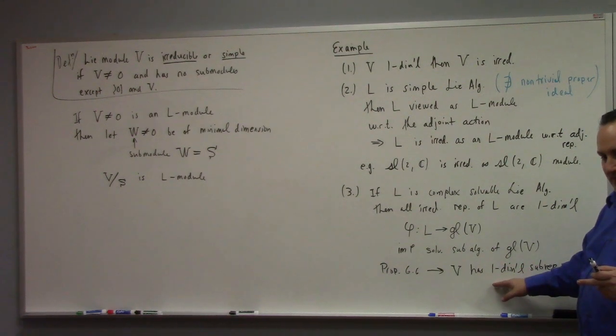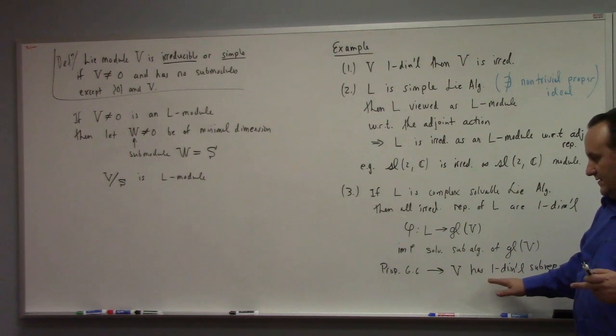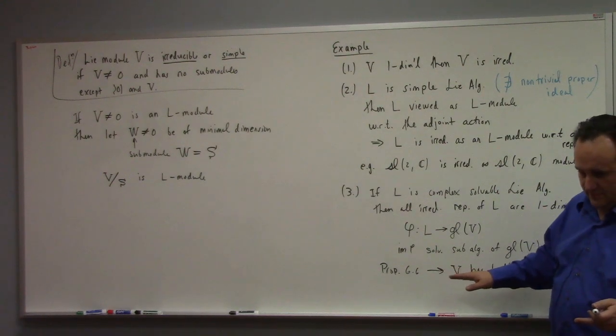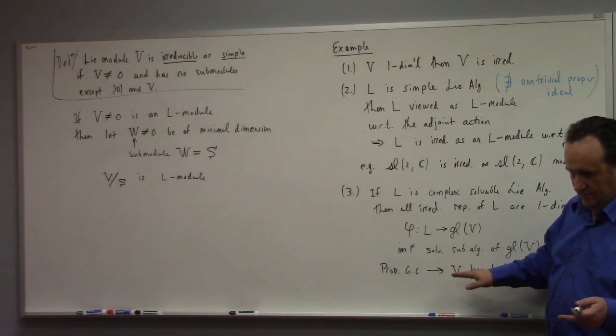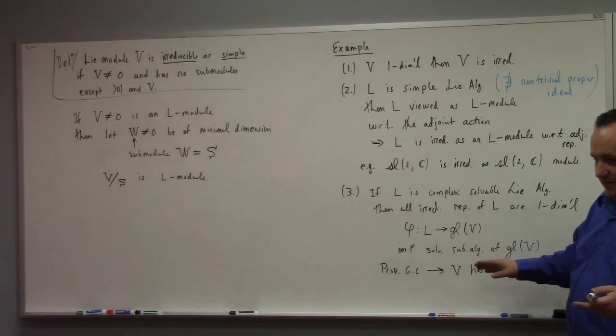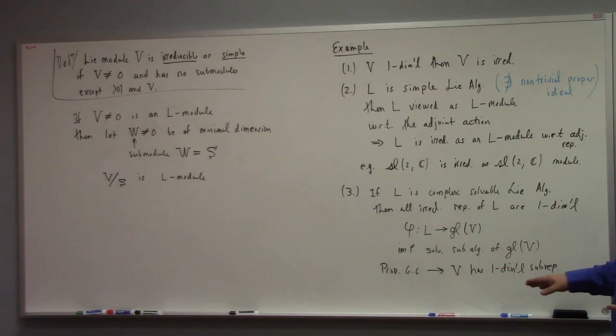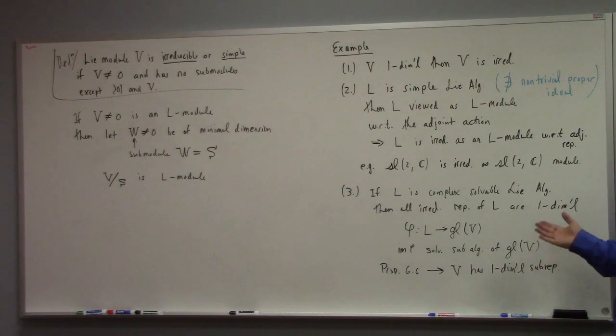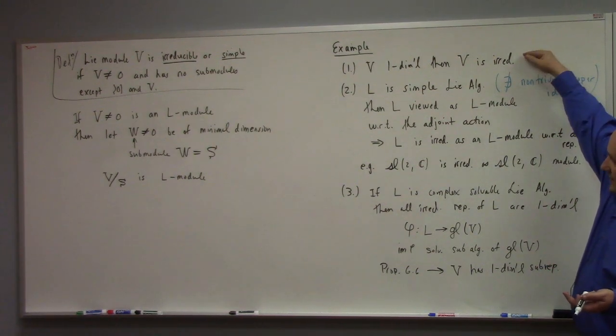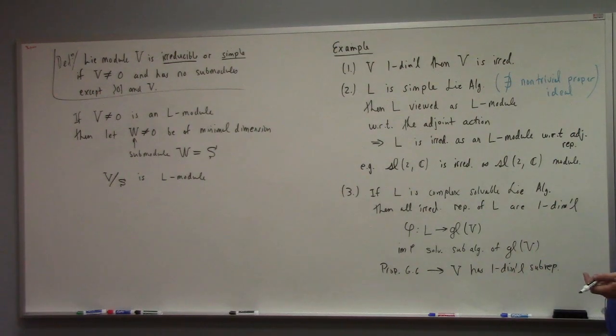In other words, it's not irreducible because it has a sub-representation. The only way to avoid that is for it to be a one-dimensional representation. Then we're back in case one up here, and we avoid the inevitable existence of a proper sub-representation.